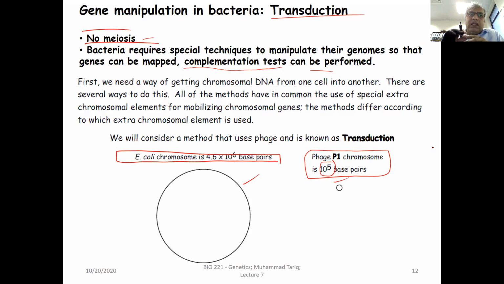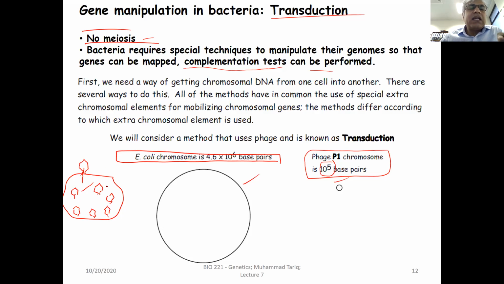And we talked many times about the lytic and lysogenic cycles of the phage. Normally, phage goes into the bacteria. Phage DNA is injected by the phage, where many phage molecules are generated.